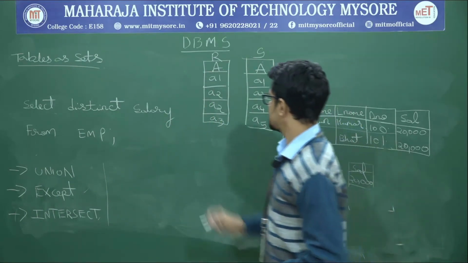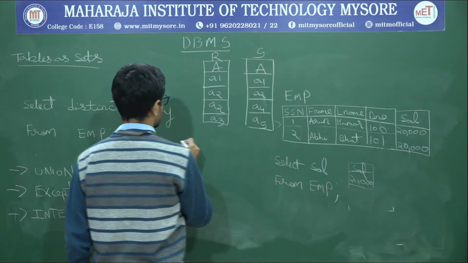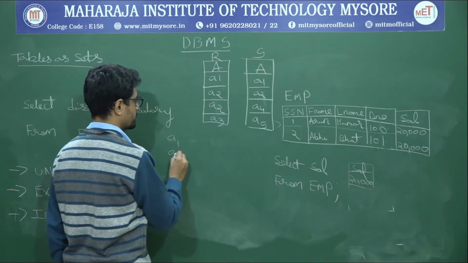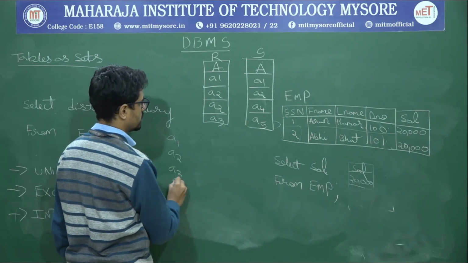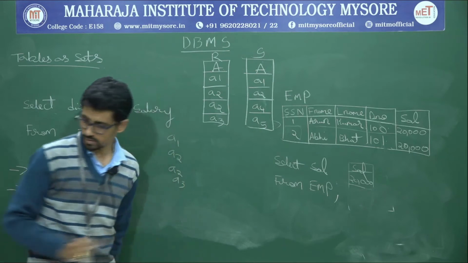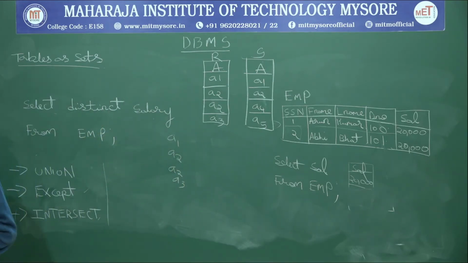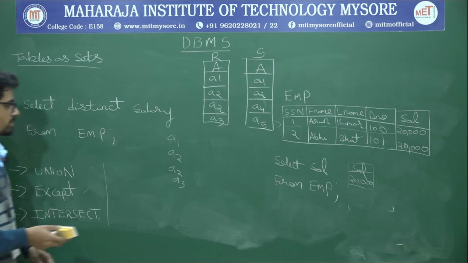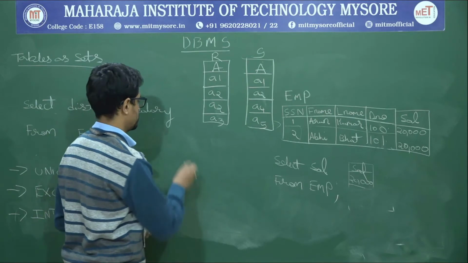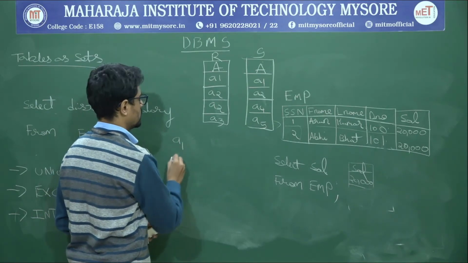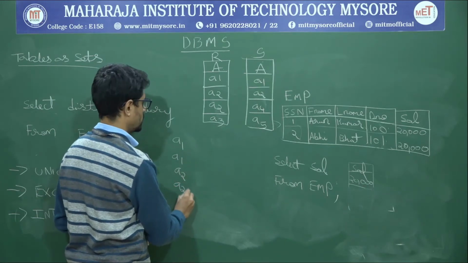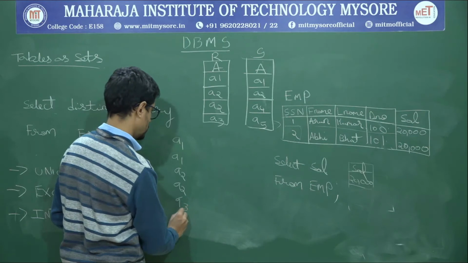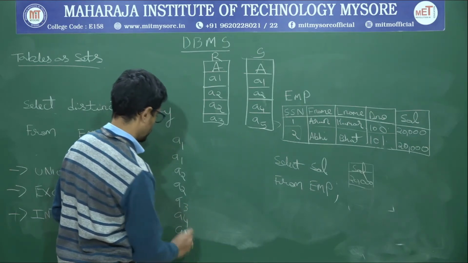So when I say R union S, it's as it is. You'll get a big table A1, A2, A3, A4, A5.